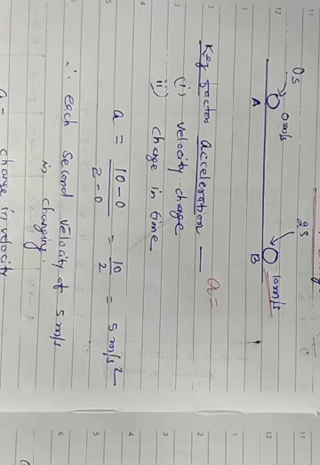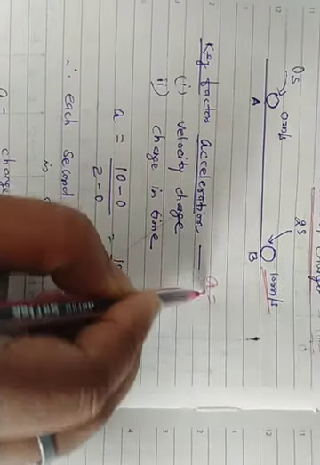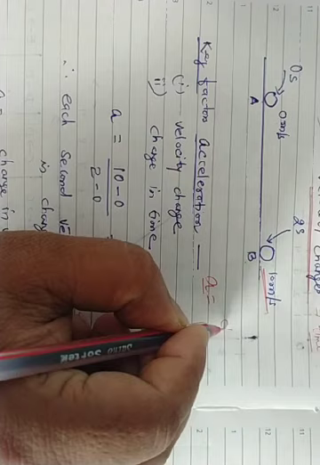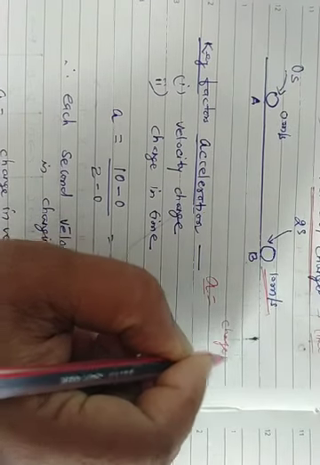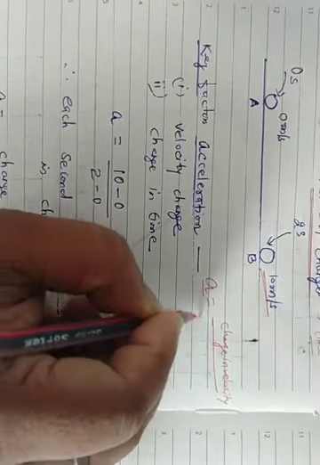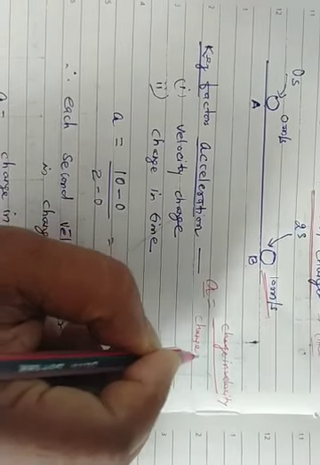With respect to a vector quantity, we have to name it velocity, not speed. So acceleration is defined as change in velocity with respect to change in time.